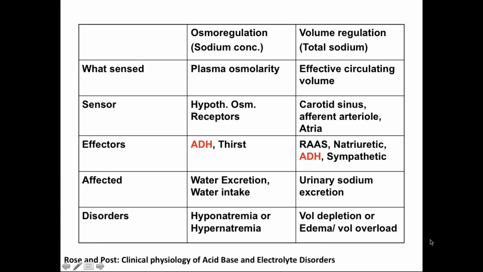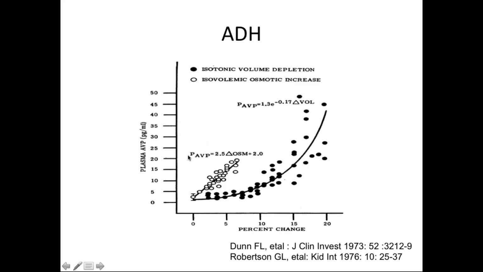So now let's talk about the only overlap that there is, which is ADH, which is activated by both osmolarity as well as volume. This is one of the classic studies and papers done by Robertson in the 1970s, and this is a summary slide from it, which is in all the physiology books.